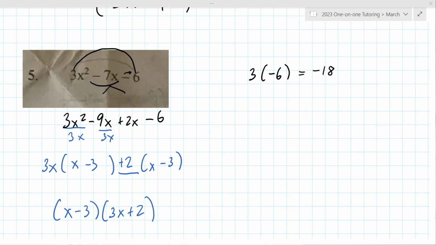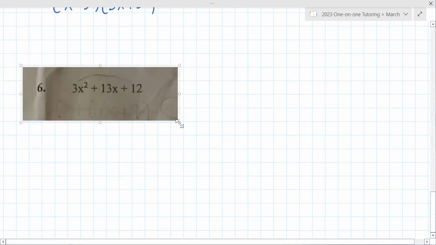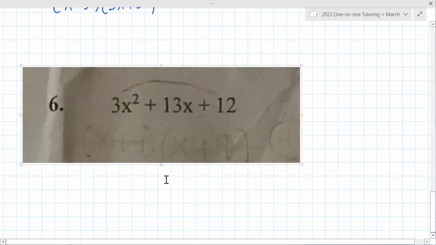A 4 and 9. Okay, yeah, keep going. That is correct. And that's probably why you had them in what looks to be like an erased part there. But yeah, you're going to use that as well.